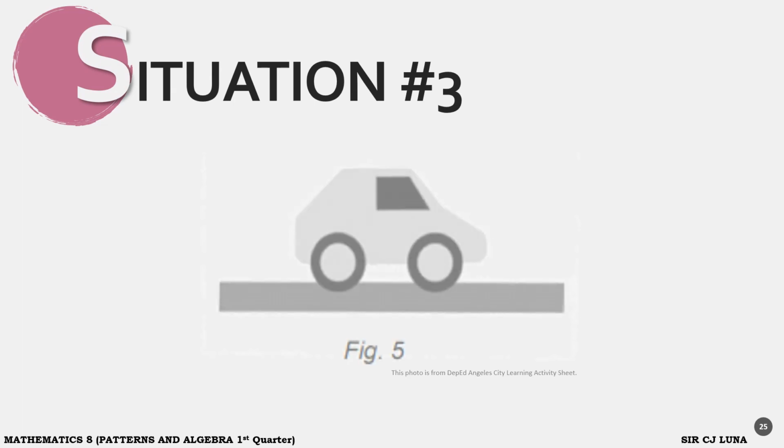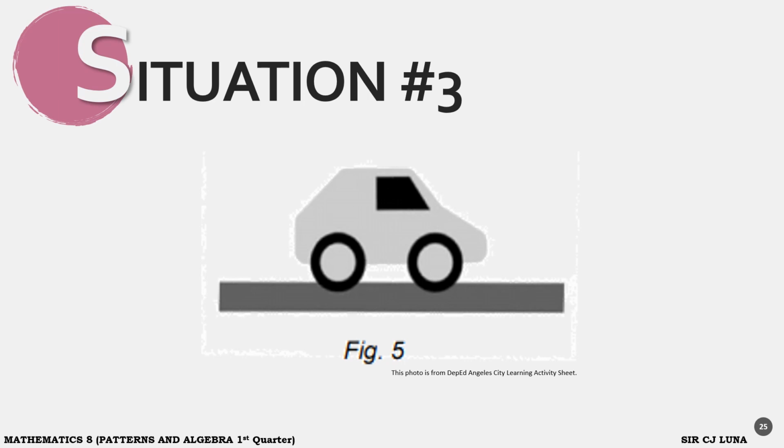Situation number 3. Driving on a flat ground. Do you think you can send text message or you can chat your friends when you are driving on a flat ground? Why or why not? Okay, very good. We cannot text or we cannot send a message to our friends when we are driving. Di ba? Meron tayong batas tungkol dyan. Bawal ang may distraction kapag nagdodrive tayo.